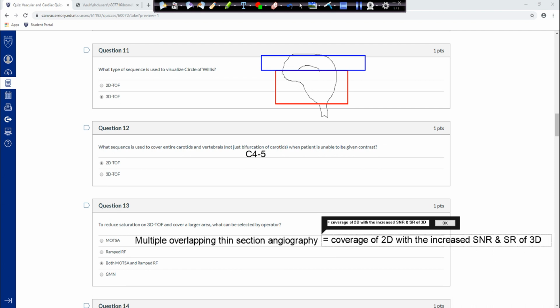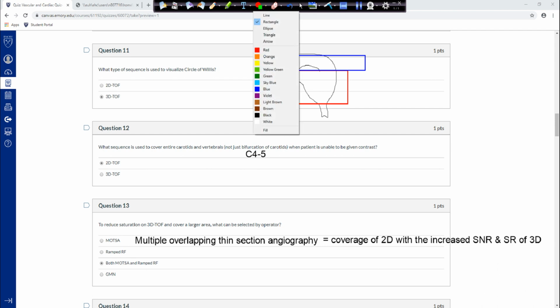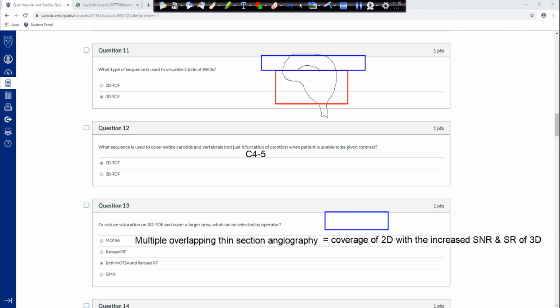So it's almost the best of both worlds. With MOTSA, imagine you have these 3D slabs. They slightly overlap. That's where we get the name: multiple overlapping thin slabs.